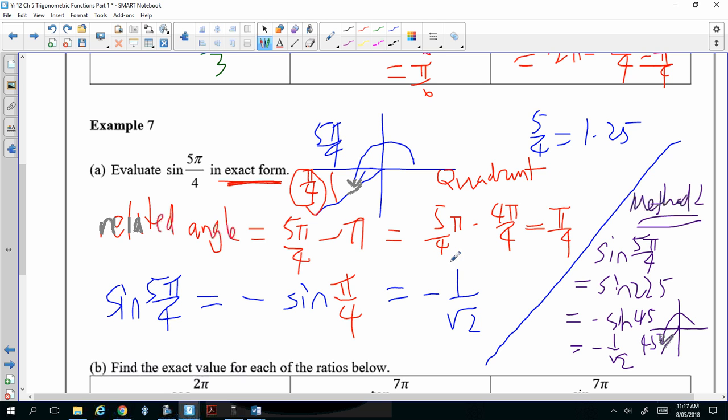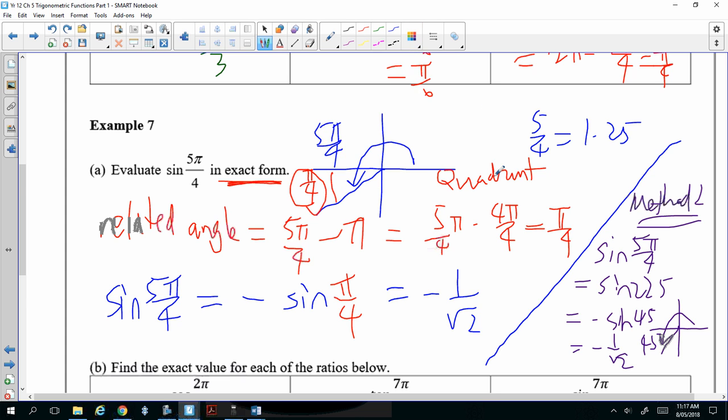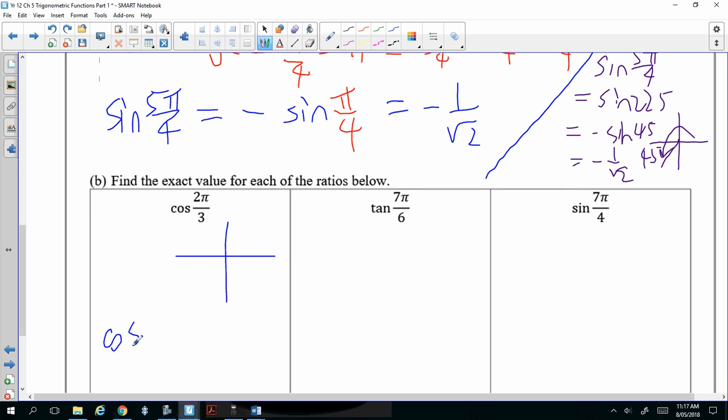Okay, now we have 3 extra practice questions for you to try at the bottom. Use the same method. Find the quadrant, find the related angle, and work out what that is. Okay? All right, have a try. Now notice that these angles are exactly the same angles we just found earlier. So we got the quadrant, we got the related angle. You can just copy them down.